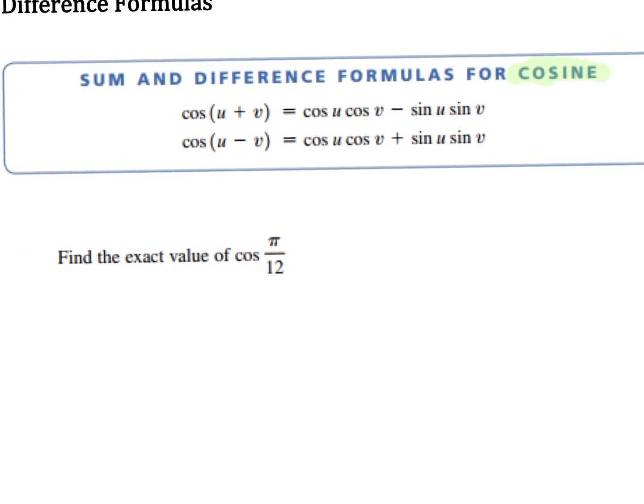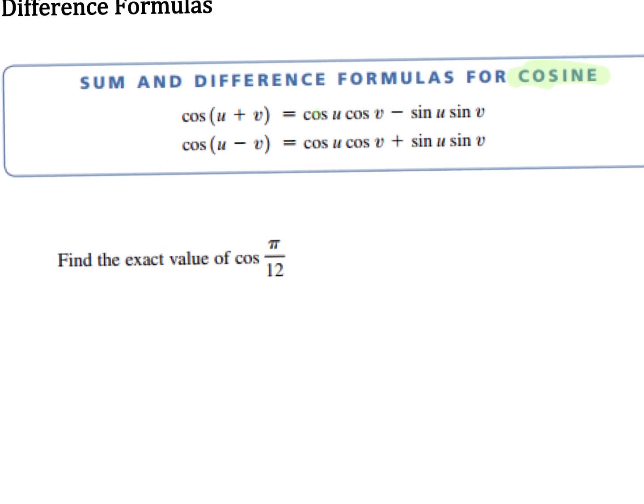So notice on the cosine formulas, the cosines of the angles are together and the sines are together. When we look at the signs, if it's plus here, it's minus there, and if it's minus here, then it's plus there. So those signs switch, right? Cosines are together, sines are together.